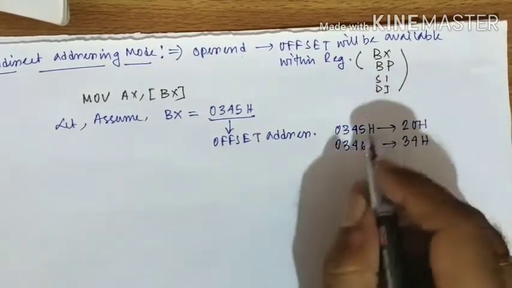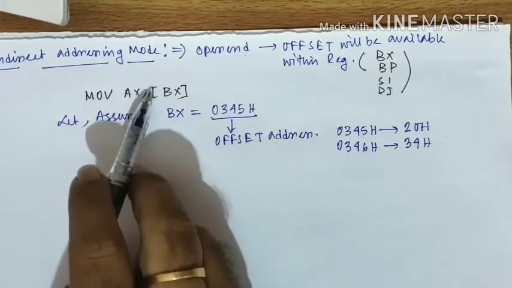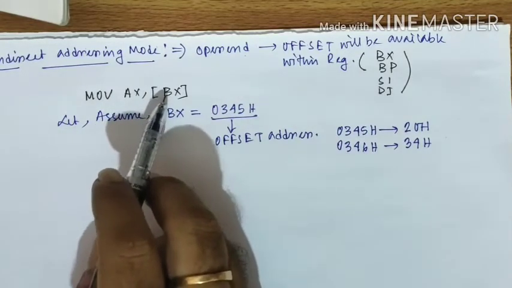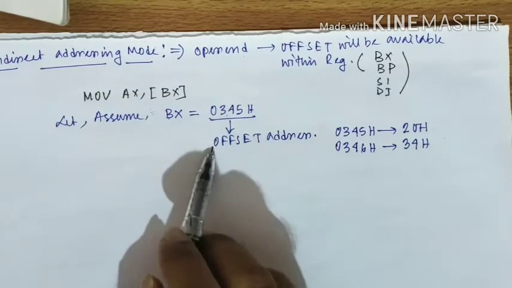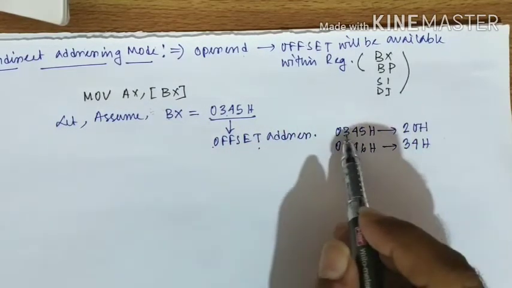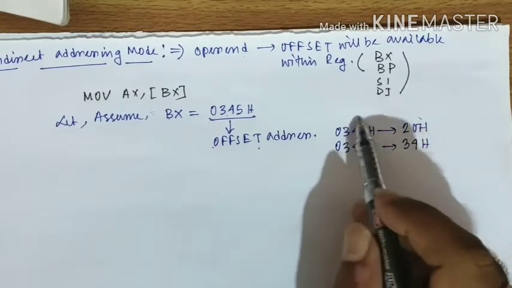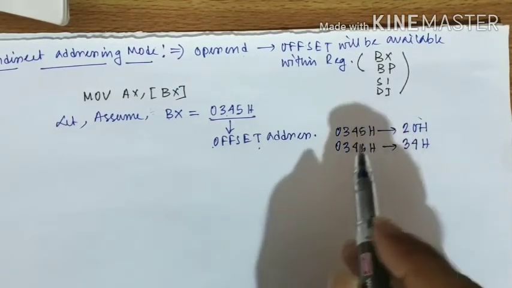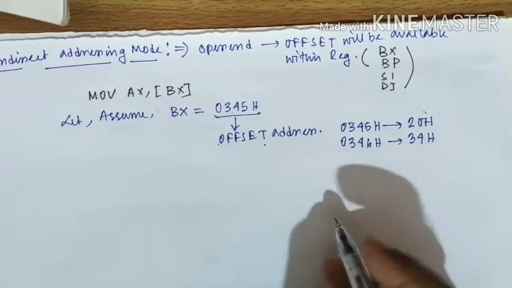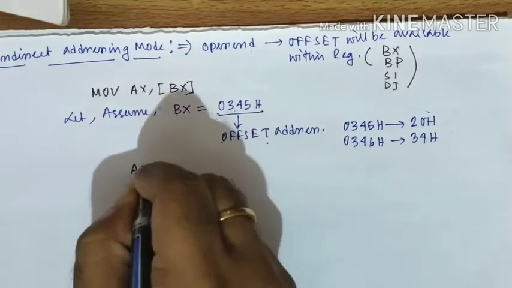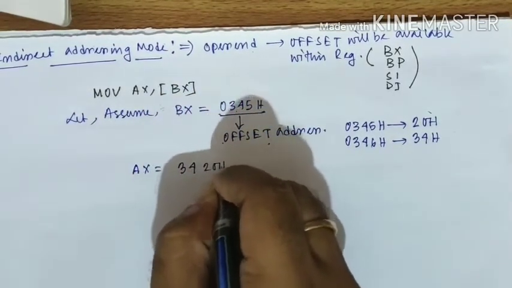So if I execute this instruction, that is move AX comma within bracket BX, then what will happen? The content of BX register will be treated as offset address, and from that location whatever data are available within the two consecutive memory locations will be copied into AX. So finally the result of AX will be 3420 hex.